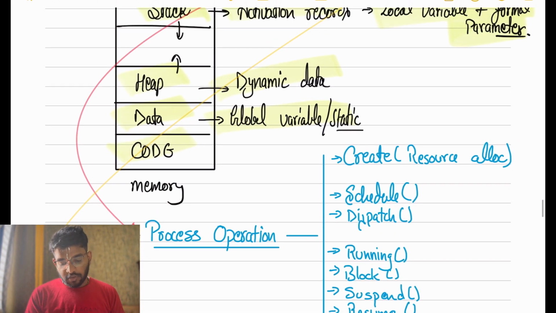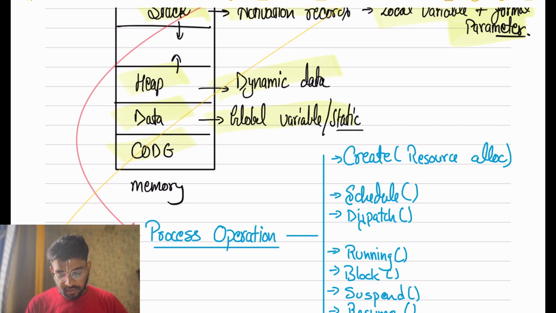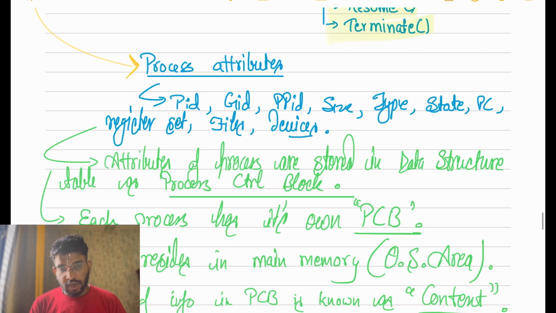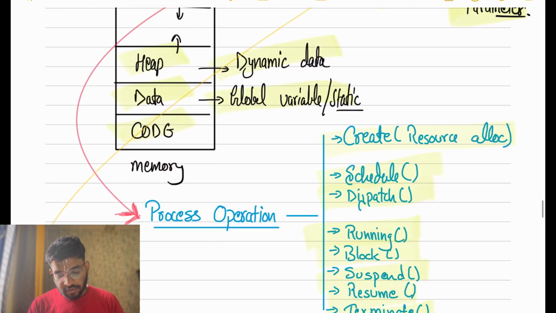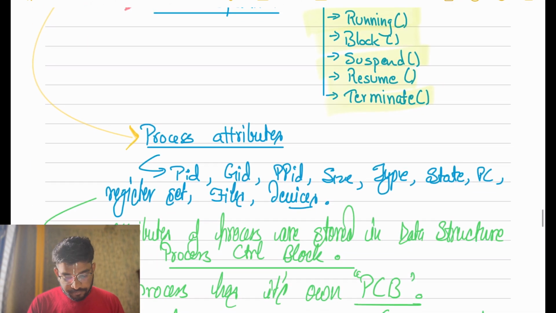Operations of a process: each process can do multiple operations. These are some basic and important operations that a process does: create, resource allocation, schedule and dispatch. A process can be running, blocked, suspended, resumed, and terminated. These terms are important when we learn the process state transition diagram.